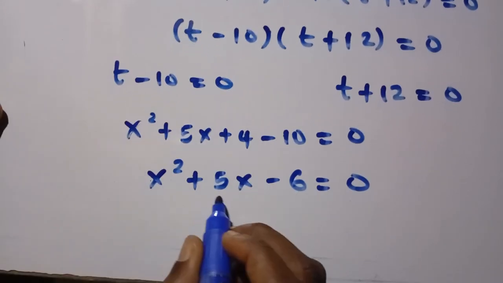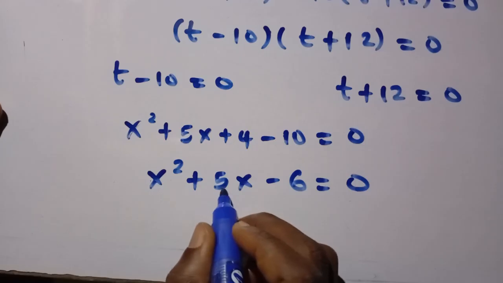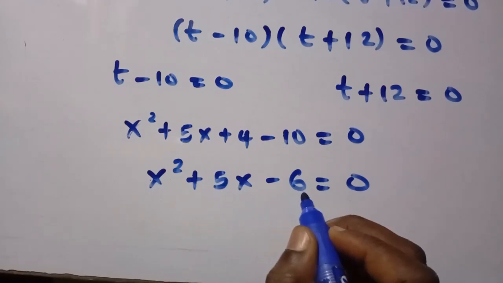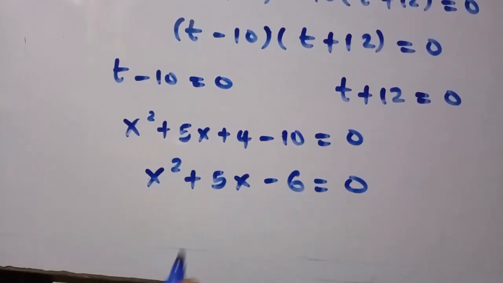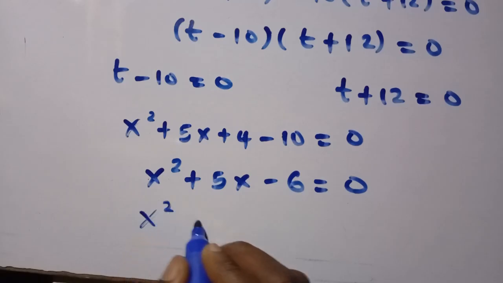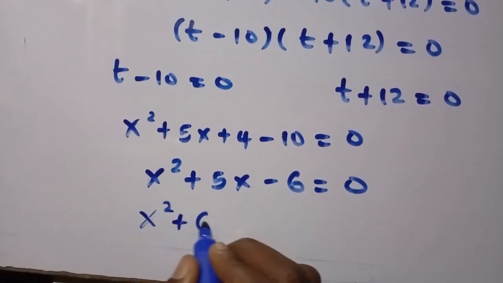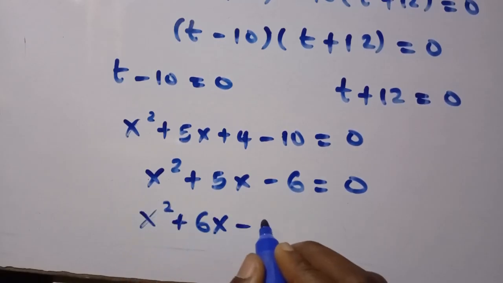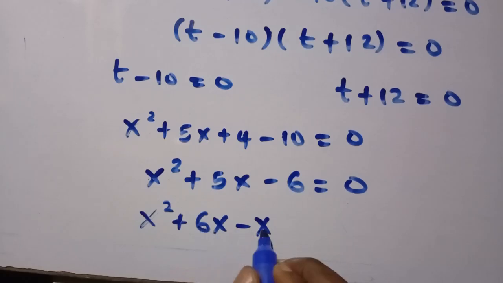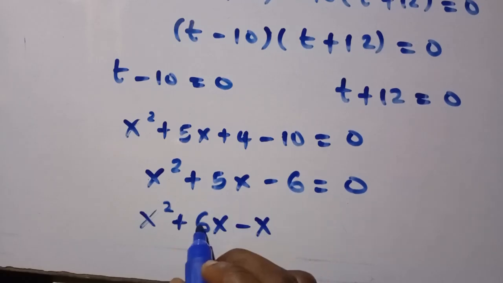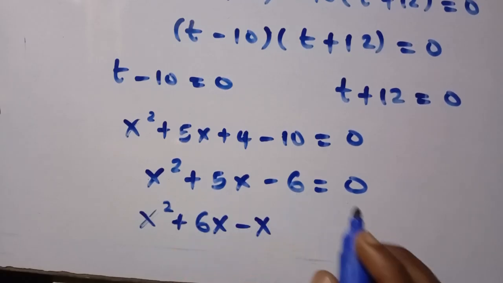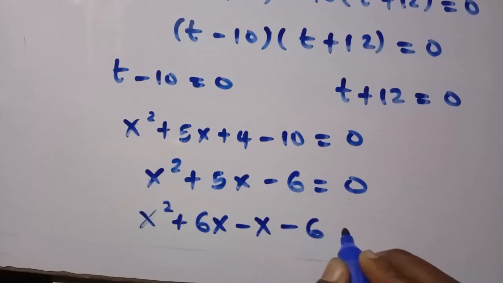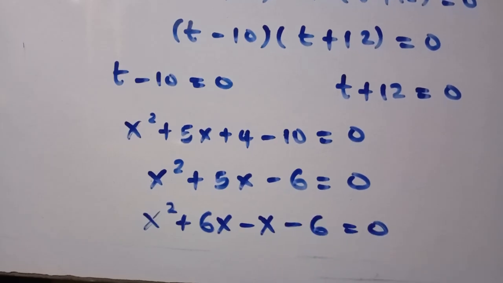We can look for two values where the sum will be 5 and the product will be minus 6. So let's think of x squared plus 6x minus x. 6x minus x equals 5x, and 6 times 1, with the minus, is minus 6. So here we have minus 6 equals 0.